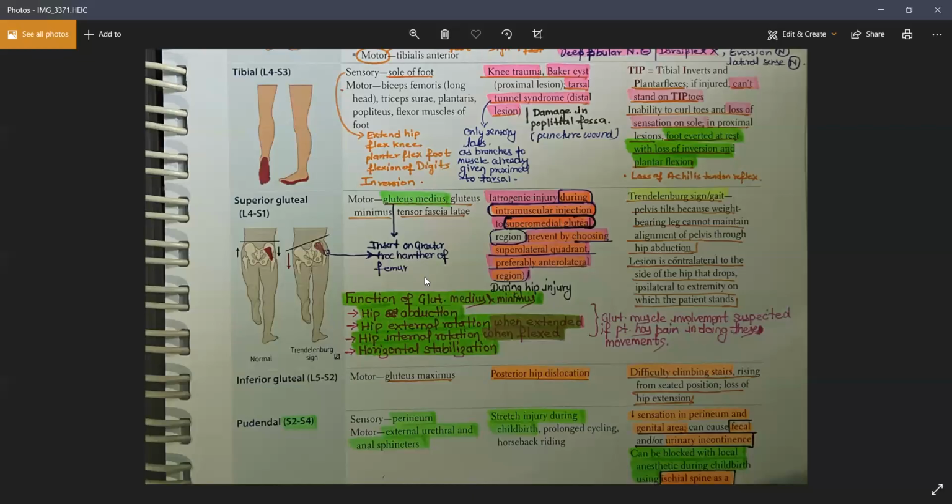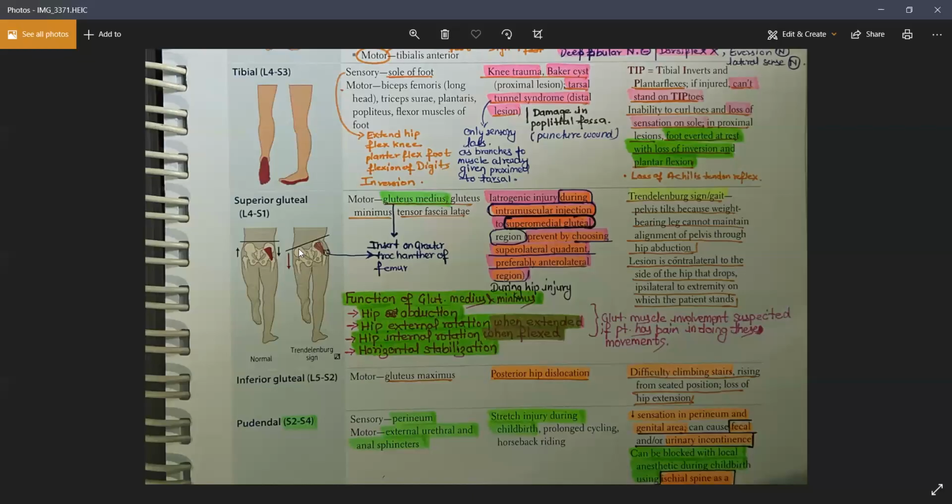So what happens is ultimately the function of these muscles is to cause a downward movement of this pelvis, right? So whenever the lesion of this nerve occurs, and the function of these muscles are lost, now the pelvis cannot be tilted downwards at the damaged area, right? So what happens? The pelvis will be tilted upwards.